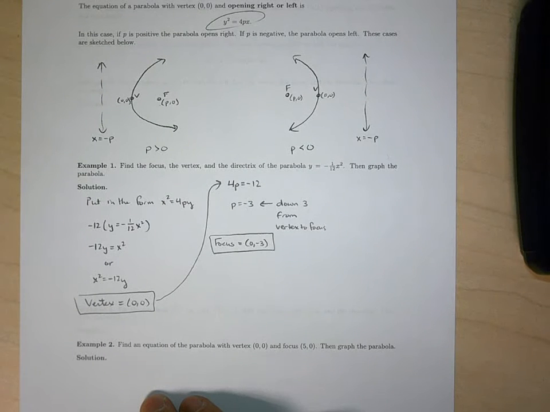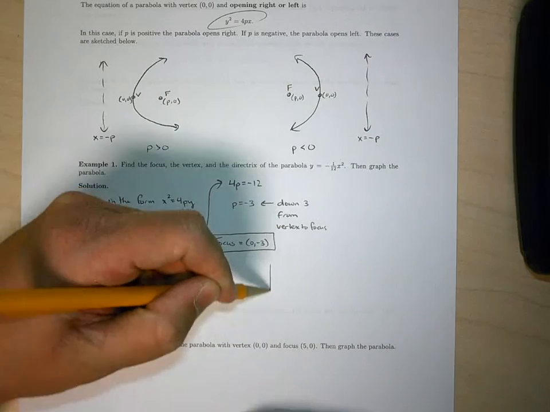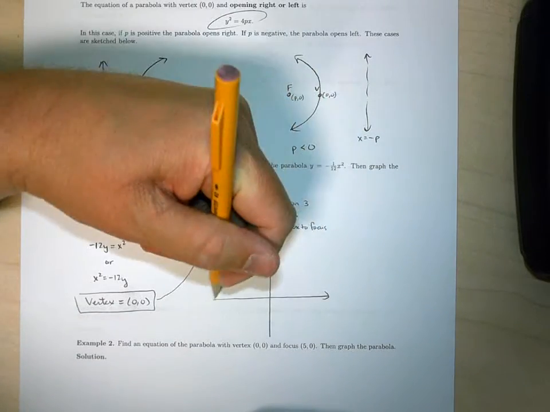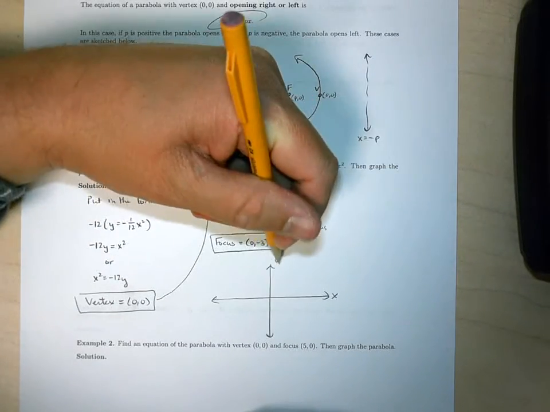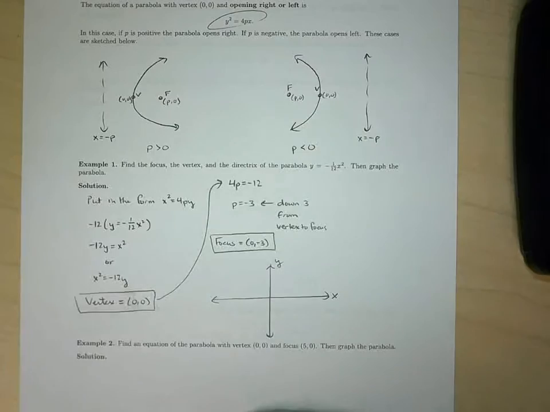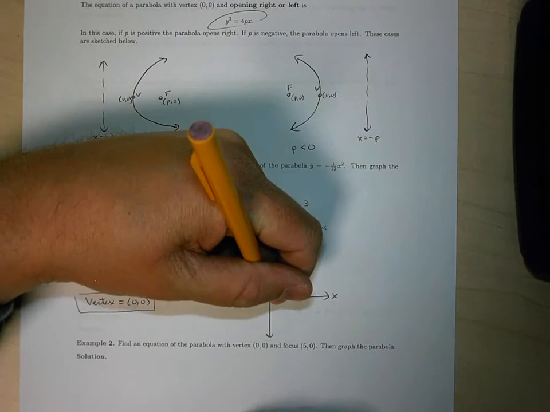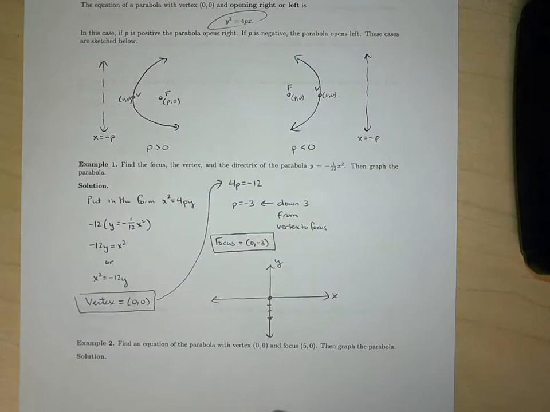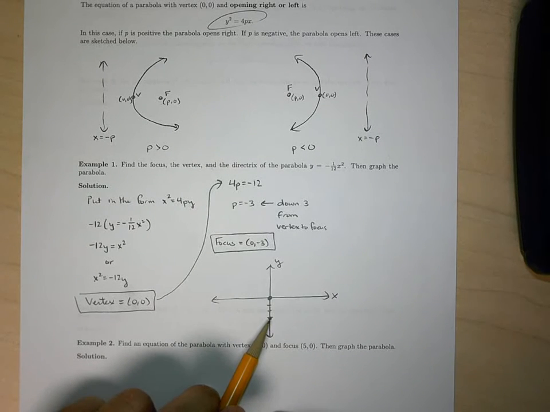To get the directrix, I think it's usually easier to just sketch the graph. So I have a vertex of 0, 0 and a focus of 0, -3. The way we get more points on the graph is pretty easy. We don't have to plug points in. What we do is get level with the focus. 4p was -12, so I'm going to focus on the number 12.